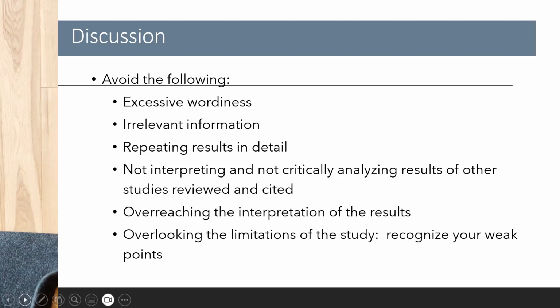Also remember not to overreach or expound too much in the interpretation of your results. And do not forget to note and state the limitations of your study. So don't overlook these points. You must recognize the weakness of your study so that you can make better recommendations for future ones.